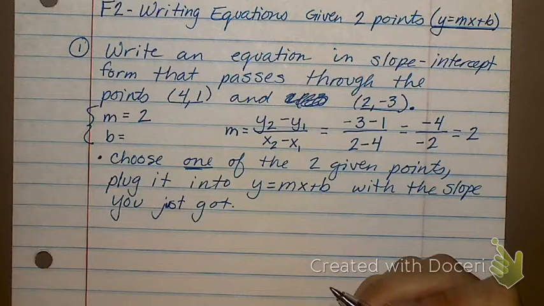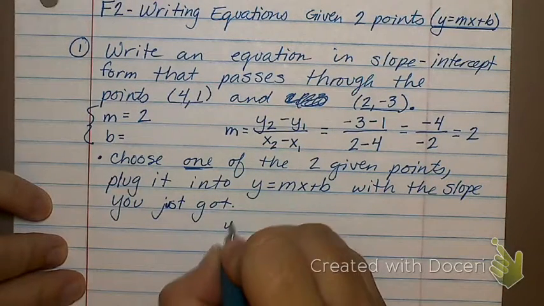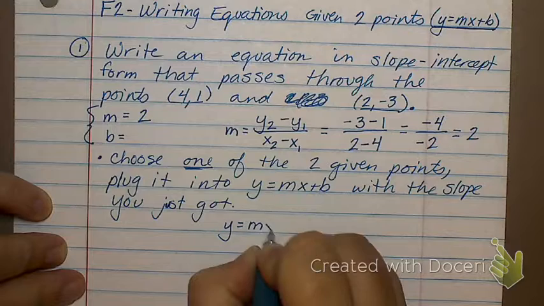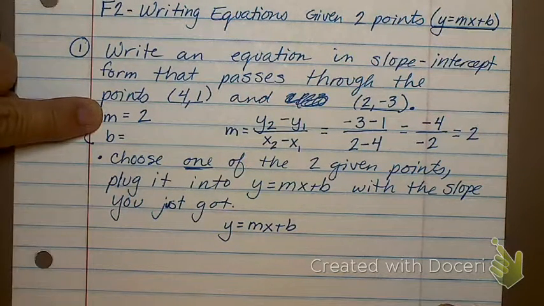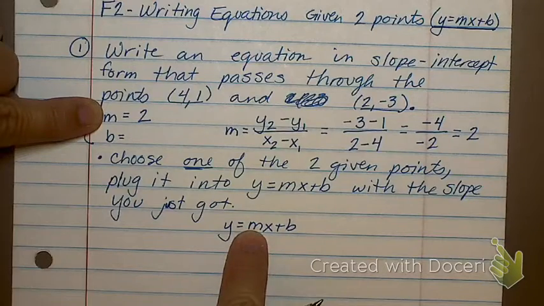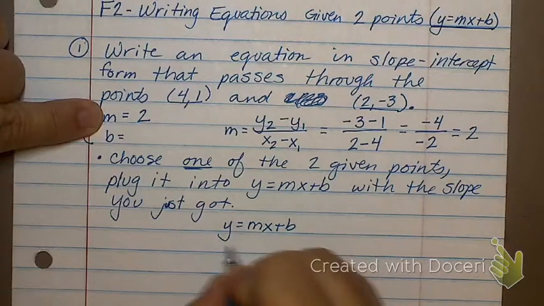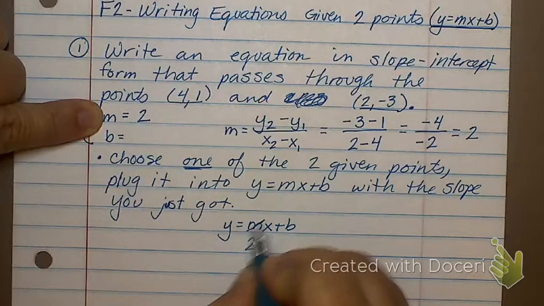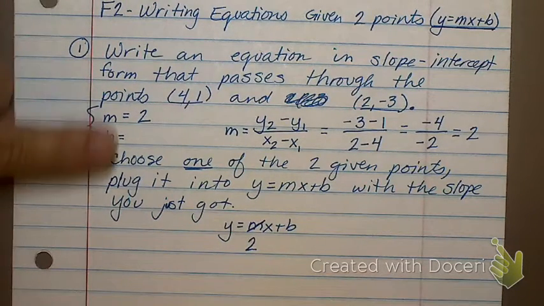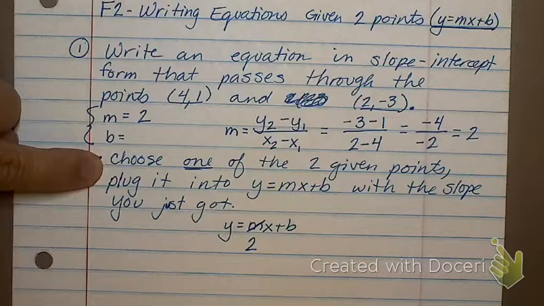So what does that mean? Well, if I think back to my equation, y equals mx plus b, I now know what m is, don't I? So I can go where the m is, and I can replace that with a 2, because I know what m is. Then the second step says choose one of the 2 given points.